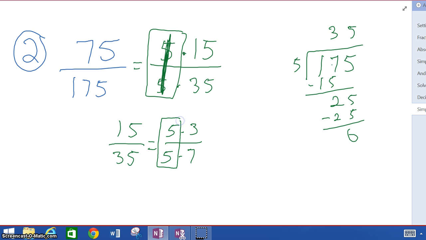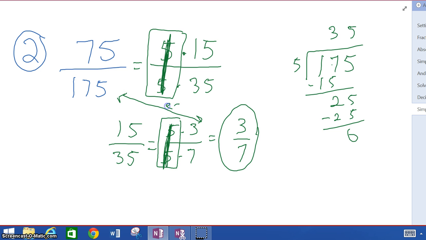So we have another common factor. This common factor can be divided. So we have a 1, which means my final answer, my simplest form, is 3/7. So 3/7 and 75 over 175, these are equivalent fractions. The one in simplest form is 3/7.